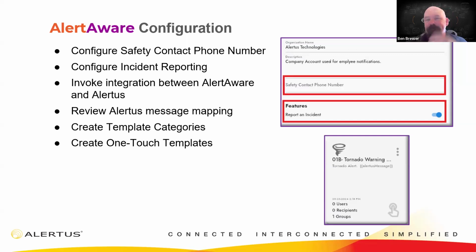It's not an overly complex process to establish these, very similar to working within the Alertus notification system. I'm sure many of you are familiar with the preset alert cloning capability that makes things go a little bit quicker. You have the ability to do something very similar within AlertAware.